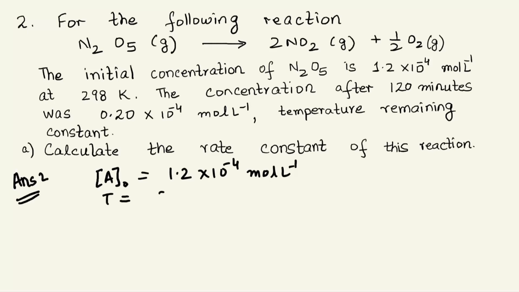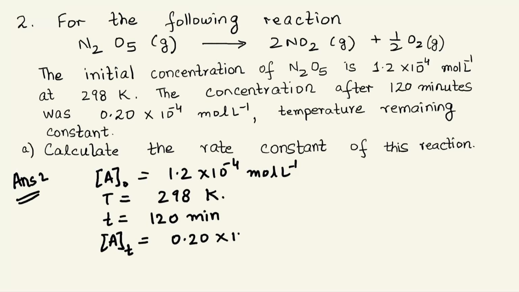Temperature is given to me as 298 Kelvin, although I don't think we would need that. The concentration after 120 minutes, that means the time is given as 120 minutes, was, that means concentration after time t. So you can write 120 over here or just a t. It became 0.20 into 10 to the power minus 4 mole per liter.